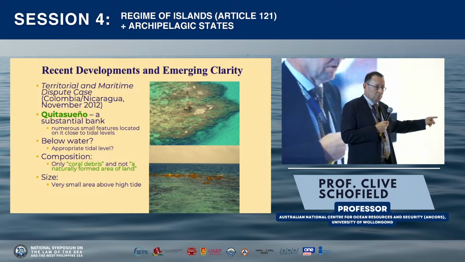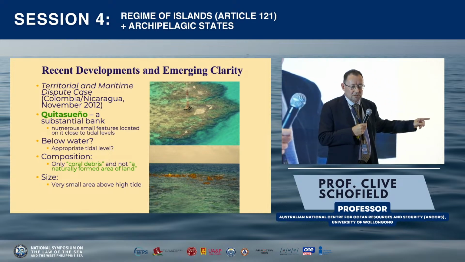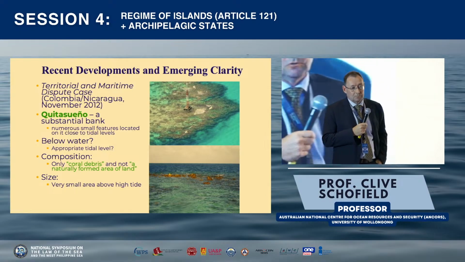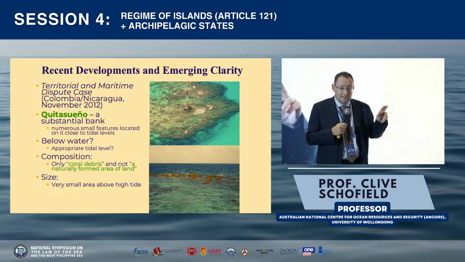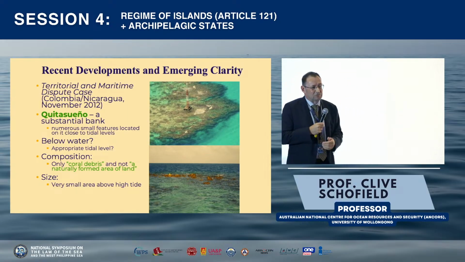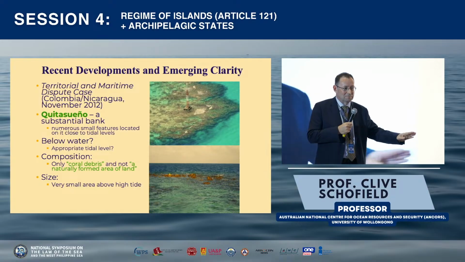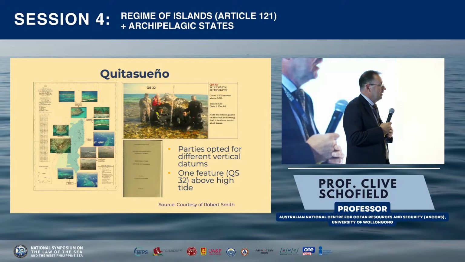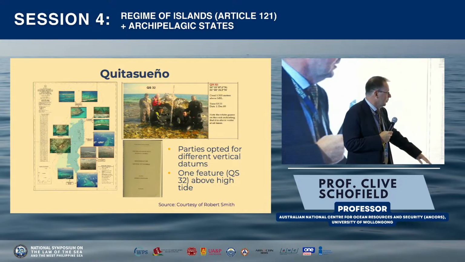So Nicaragua was arguing, well, no, it's not really above water, so it's not territory. Secondly, it's only coral debris, so it's not real land. See, you can dispute any word. And anyway, it's really small. Ignore it. The Colombians went out and surveyed it, broad coral bank.